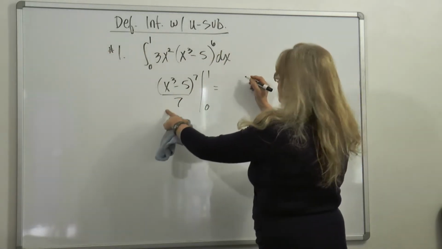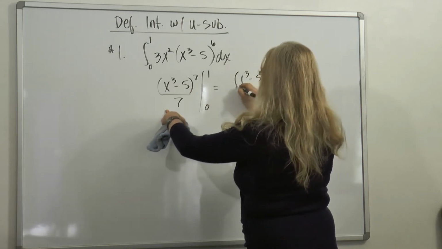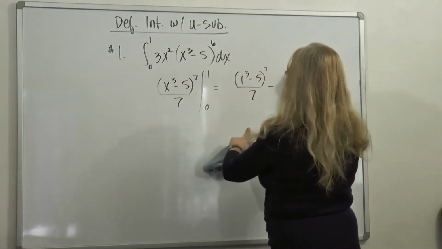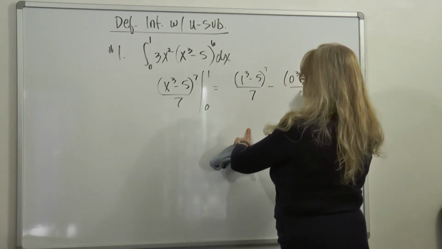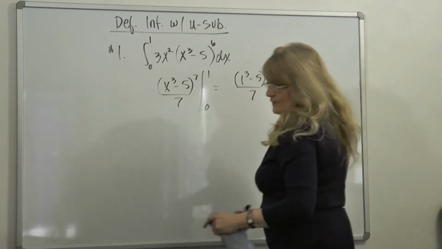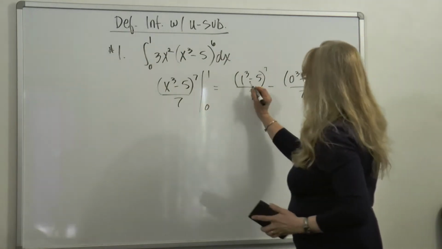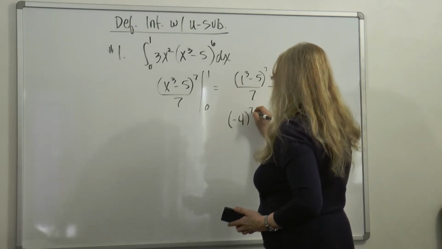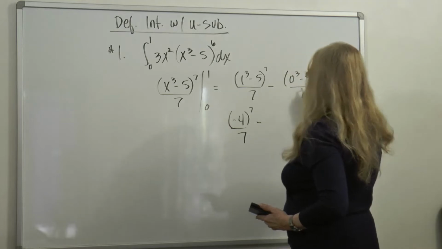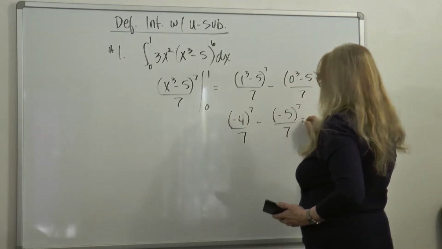So upper boundary first. So you have (1 cubed minus 5) to the 7th over 7, minus (0 cubed minus 5) to the 7th over 7. So this is going to give me 1 minus 5 is negative 4 to the 7th over 7, and then negative 5 to the 7th over 7.